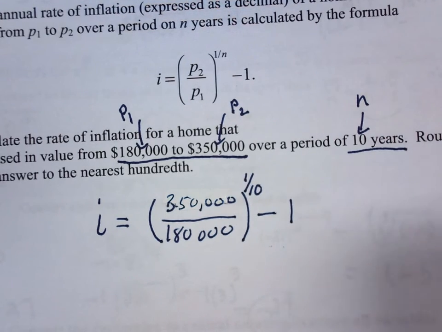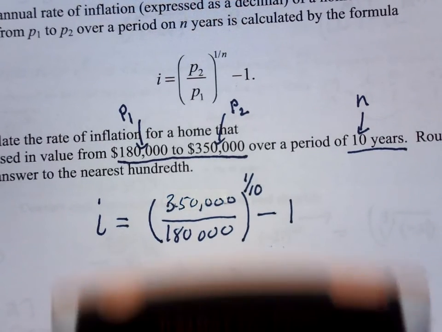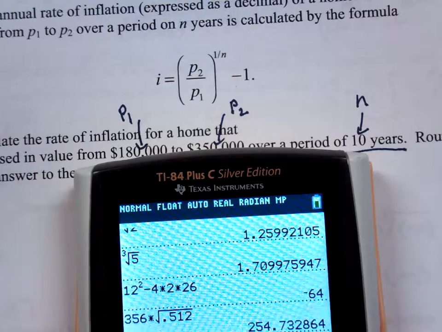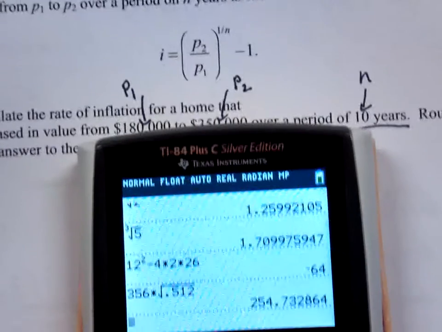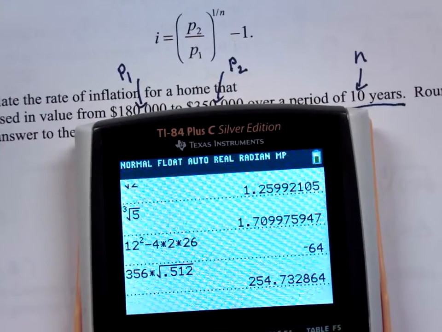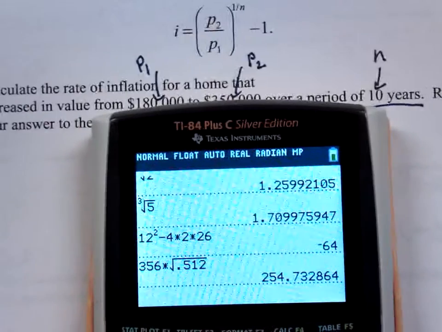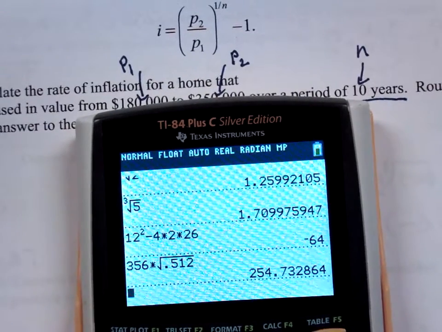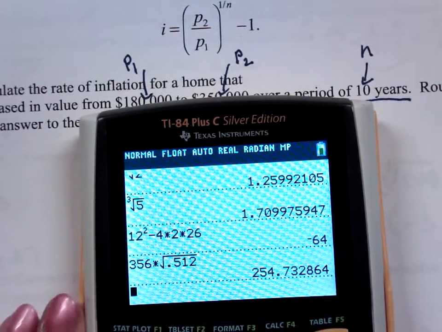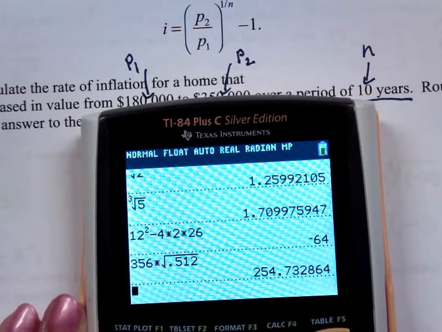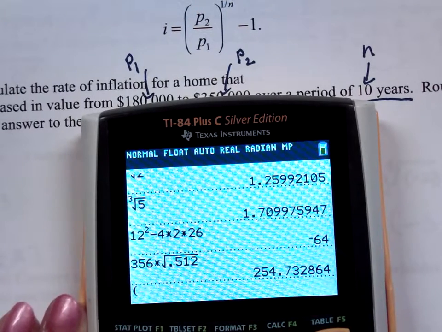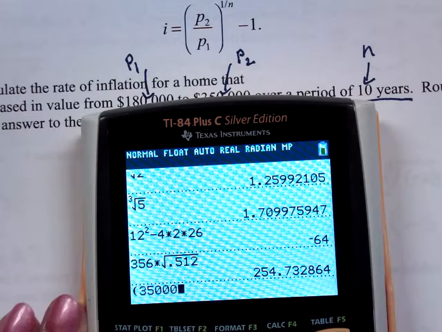There are a couple of things you could do depending upon what calculator you have. On almost all your calculators except the cheap ones, I can type this in as parenthesis 350,000 divided by 180,000.